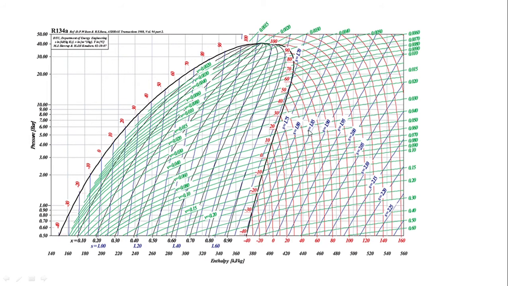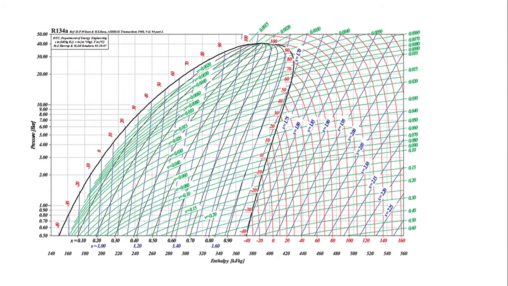Entropy of 1.85 is here. It is 2.15, 2.20, 2.25. Remember that. It is 1.95, 1.90, 1.80, 1.75 and 1.70. It is going like that. And here you can see that it is 1.2. We are not interested in these values, but it is important to know how the entropy lines are there.